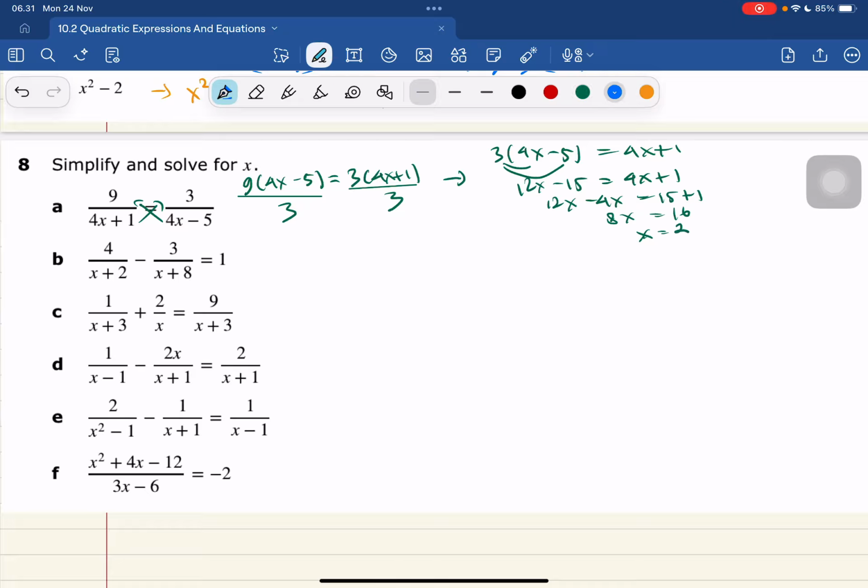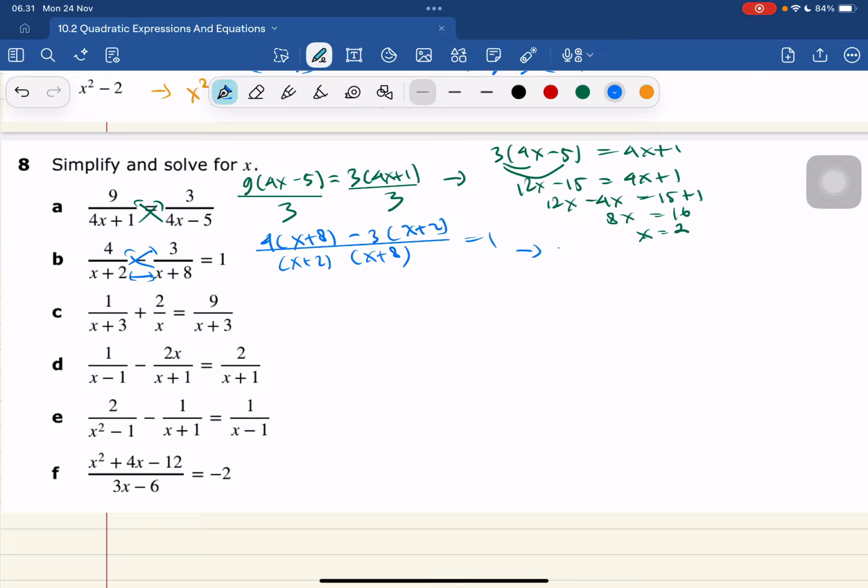Next for b. The numerators are not equal, so we multiply the denominators, crossing each other. So it's 4 multiplied by (x plus 8) minus 3 multiplied by (x plus 2), and the denominator we just multiply: (x plus 2) times (x plus 8) equal to 1.